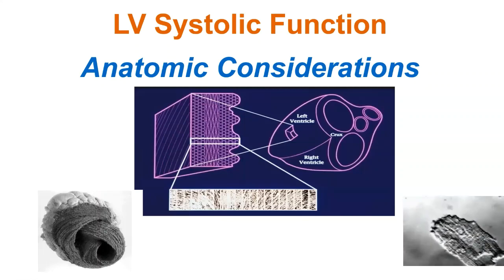So what this means is that a small amount of contraction of this myocyte, say 12%, can result in the ejection of about 65% of the left ventricular end diastolic volume. So the ejection of 65% of the end diastolic volume means the ejection fraction is 65%.